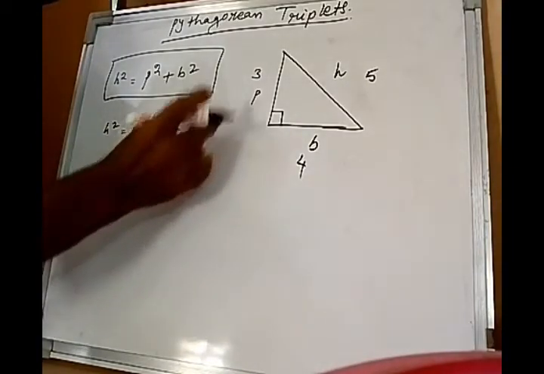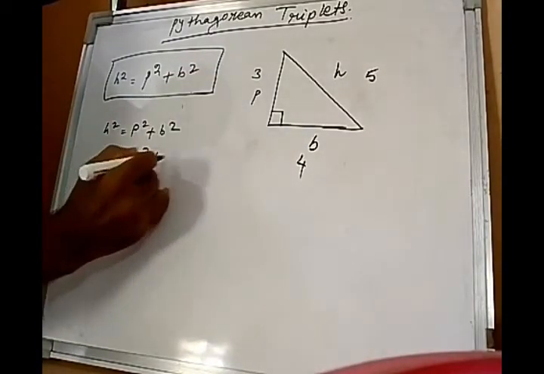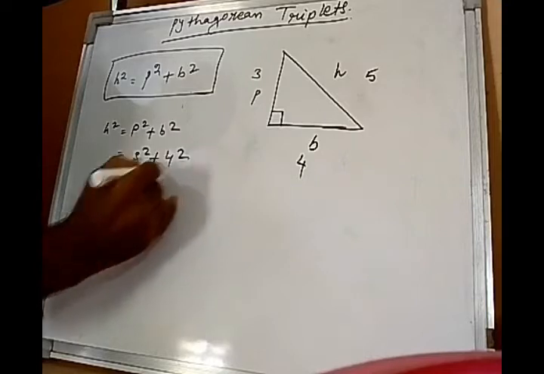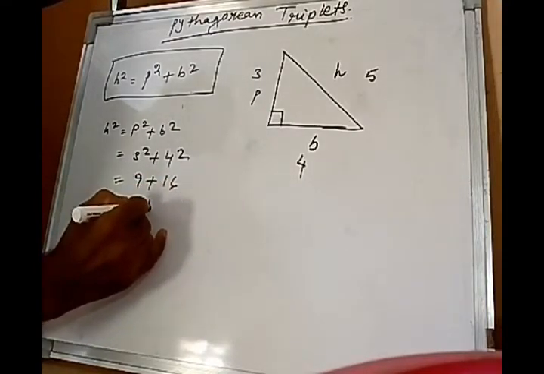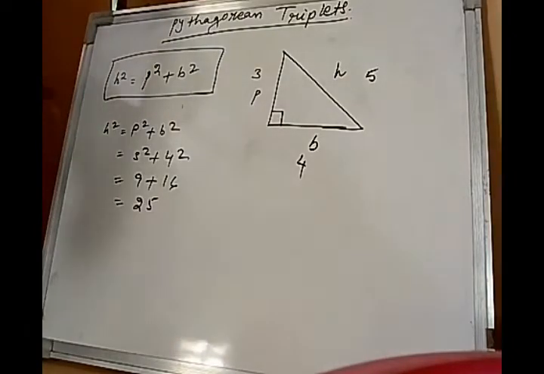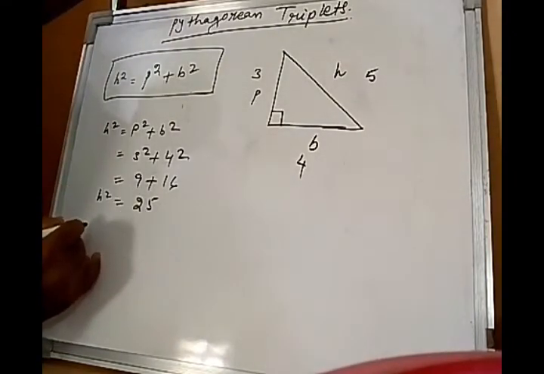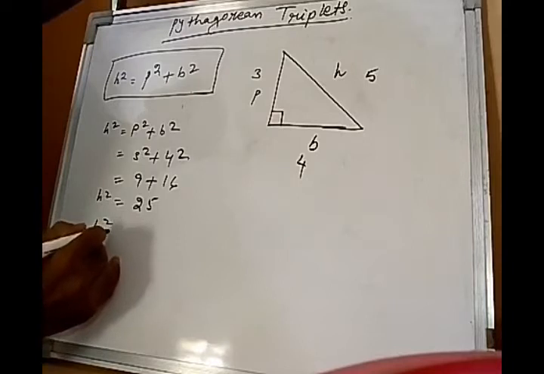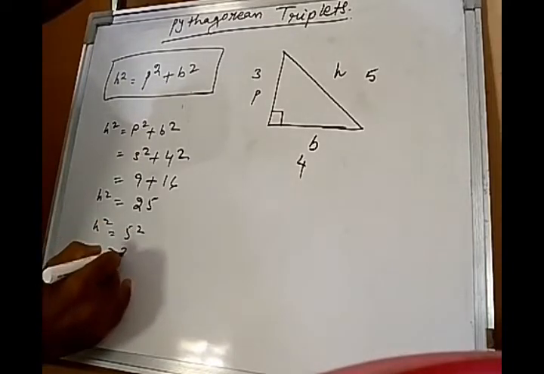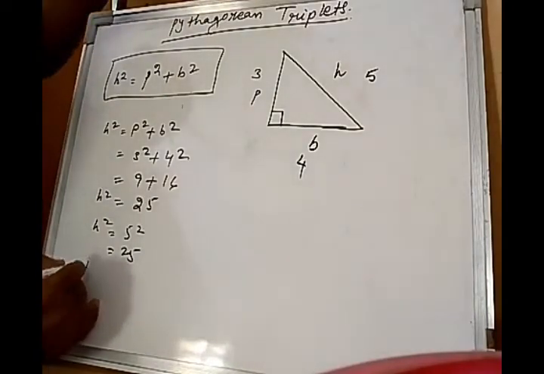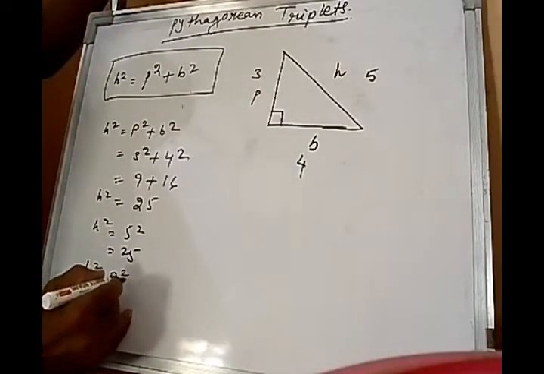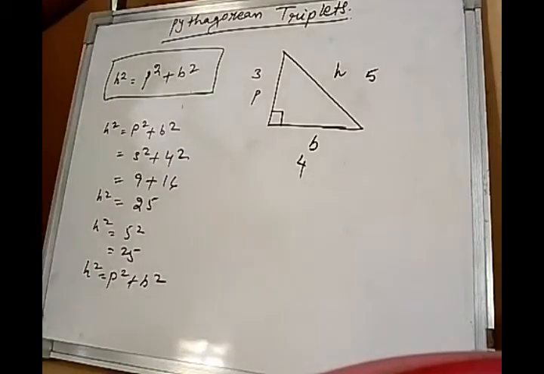Then p square is who? 3 square. b square is who? 4 square. 9 plus 16 equals 25. And h square equals 5 square equals 25. So here the left hand side and right hand side are both equal. So the equation h square equals p square plus b square is satisfied.